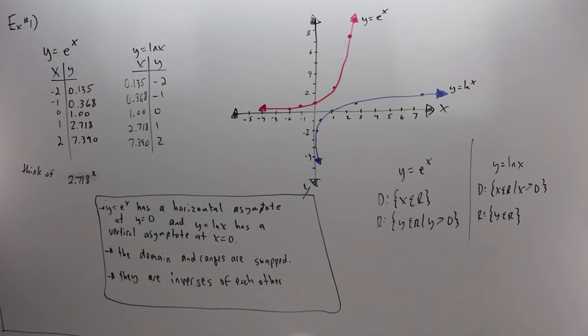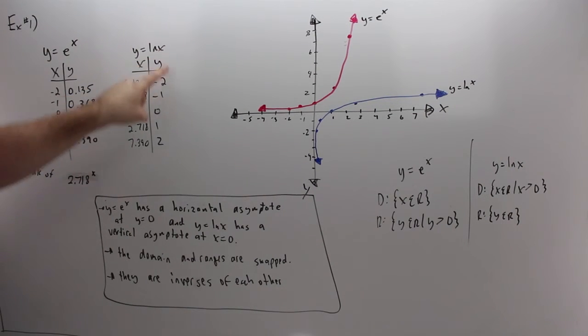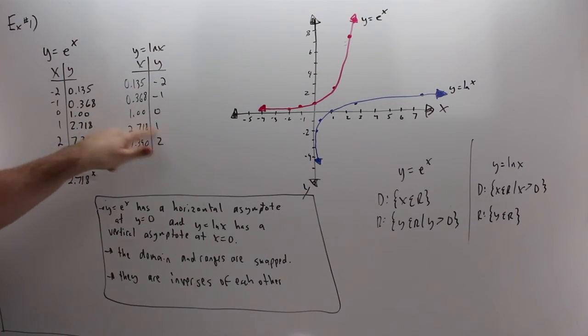So what one does to the other, it undoes. What I mean by that is if we plug 1 in for e to the x, we get 2.718, and if we plug 2.718 into ln x, it brings us back to 1. Notice how we've gone full circle there.